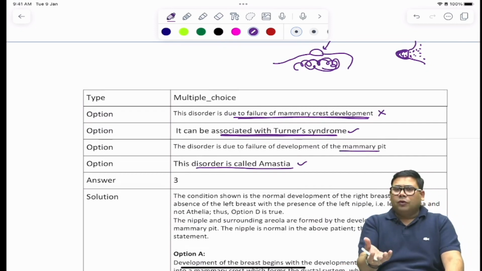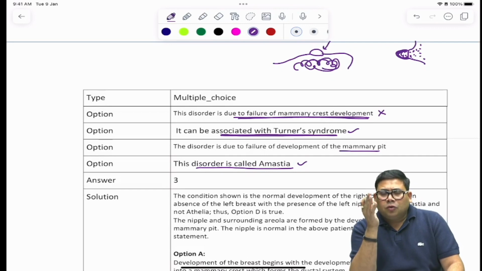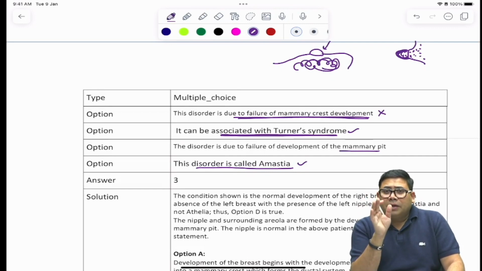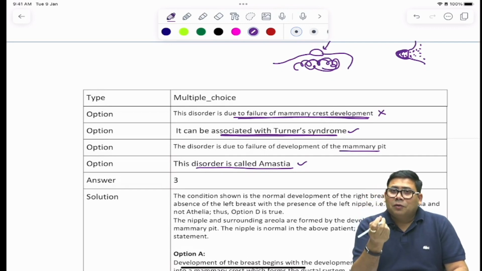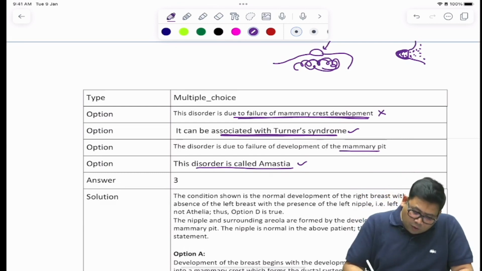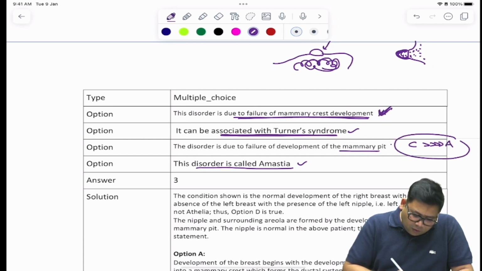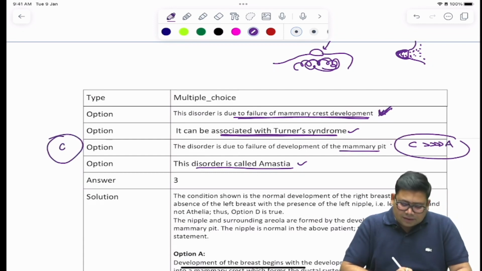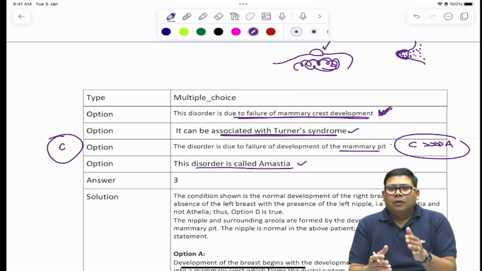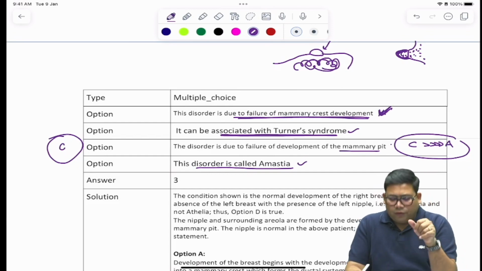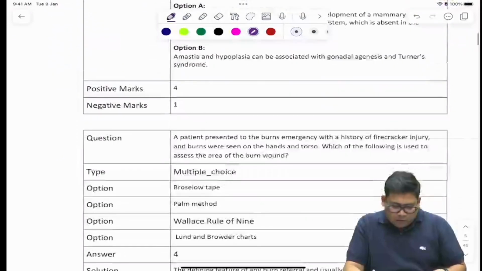Students, I have already told you, if the mammary pit is not developed, the nipple will not be there. Is that clear? So option C is far more incorrect than option A. So I will take option C as the answer. I have already told you in MCQs there are 2-3 options which go very close. So let us move forward.